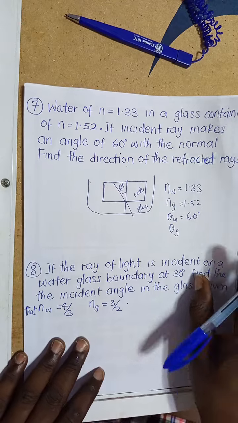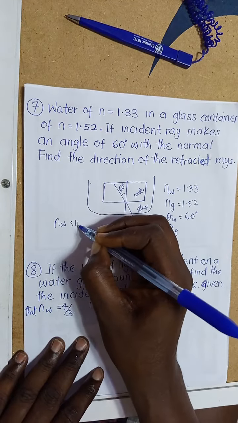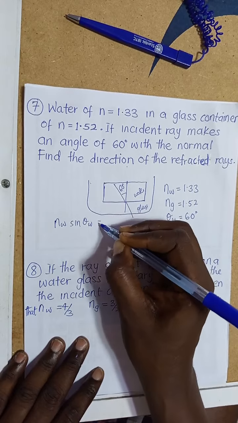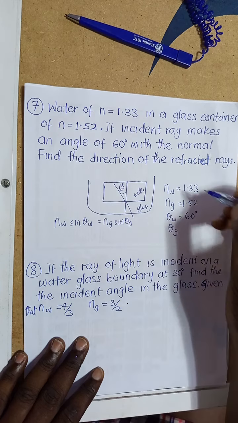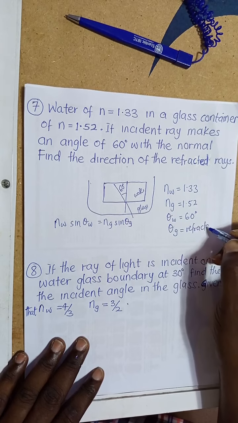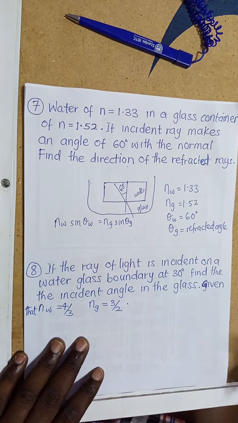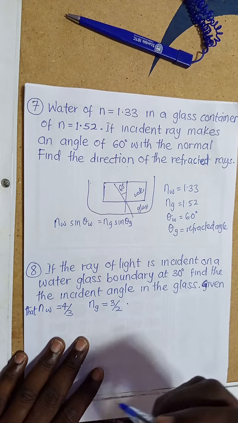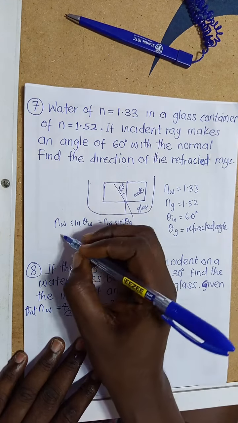So in that case, what I want to do is use n water sine theta water equal to n glass sine theta glass. So theta glass is our refracted angle. The direction of the refracted ray is the refracted angle. So in that case, what we want to do now?